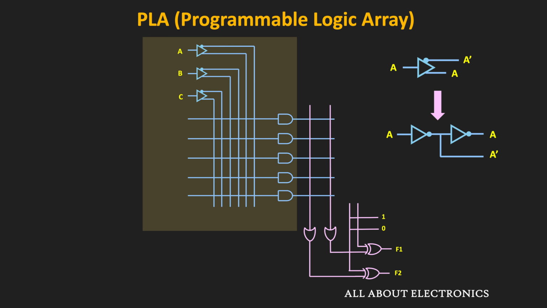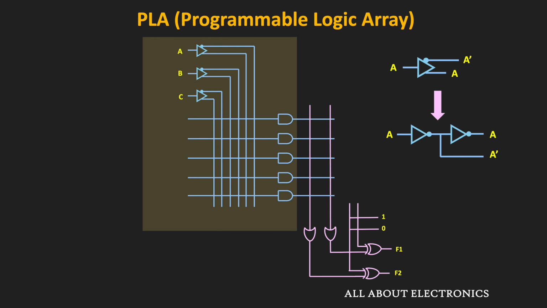And of course, these inputs are programmable. That means by programming, we can decide which inputs will be connected to the AND gate. So we can say that this AND gate array is programmable. By default, all the inputs are connected to the AND gate. Since the inputs and their complements are connected to the AND gate, by default the output of the AND gate will be equal to 0.